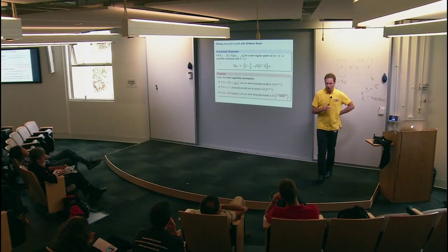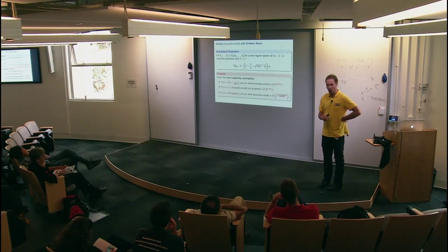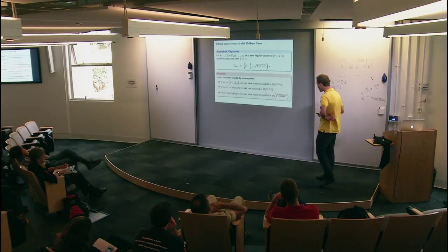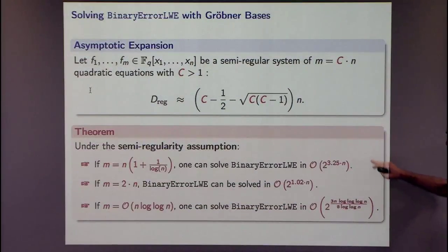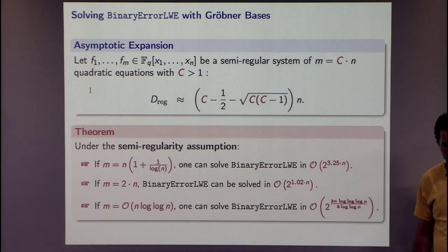So if you assume that you have this semi-regularity condition, then you can derive for various parameters on the number of samples how the complexity is going to change. So under this assumption, it's pretty straightforward. So you get a complexity with respect to this approach.